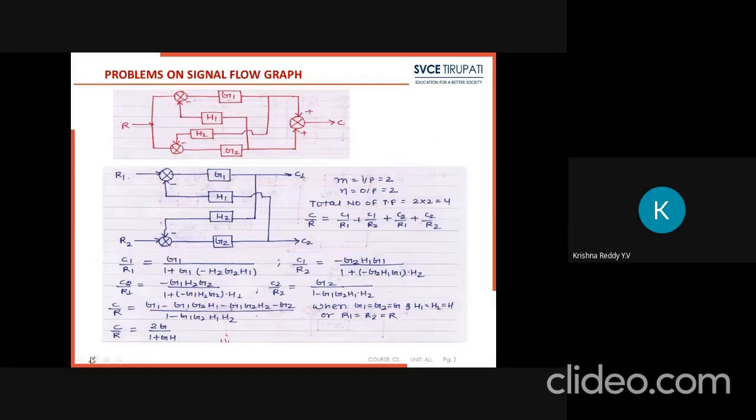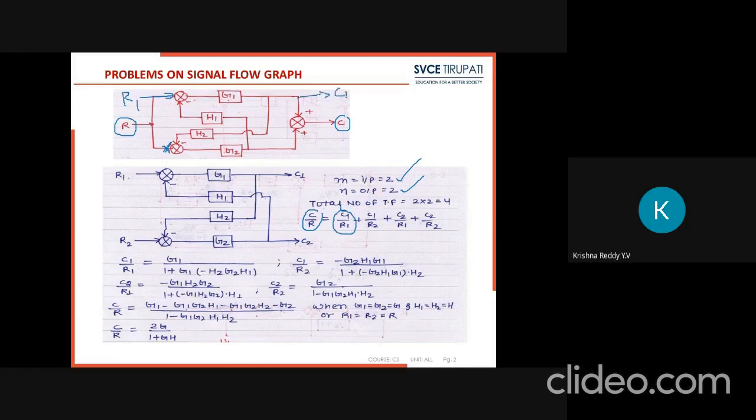This is one more type of problem. This is R, this is C. You are having multiple inputs and multiple outputs. In order to calculate the C by R value, first of all consider this is R1 input, with no input to the other summation. Then we are getting C1 by R1.